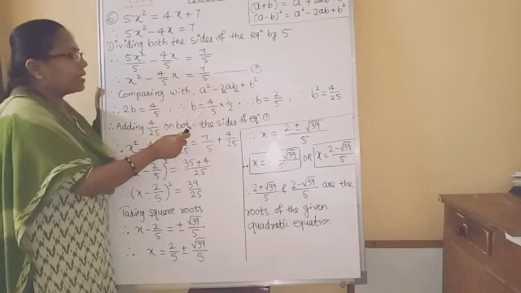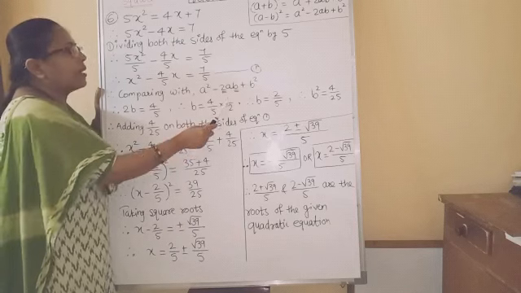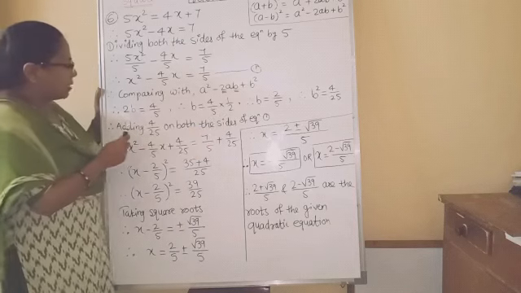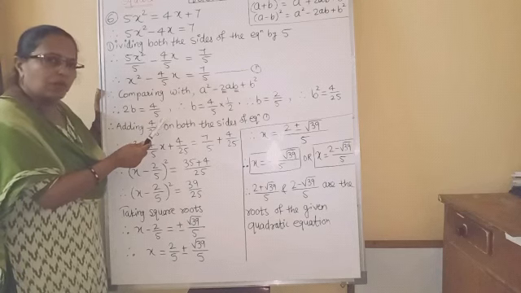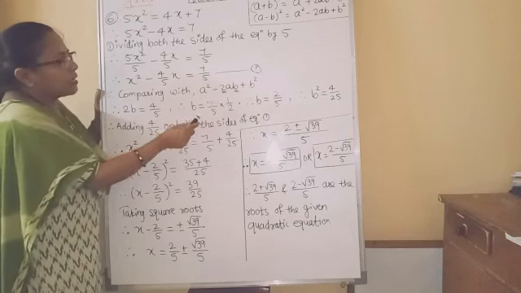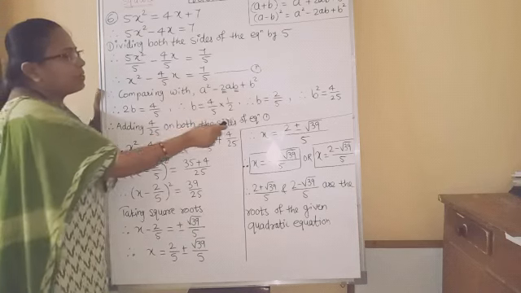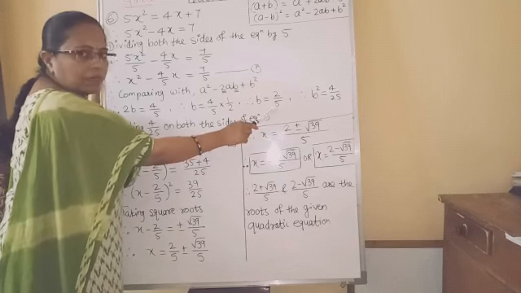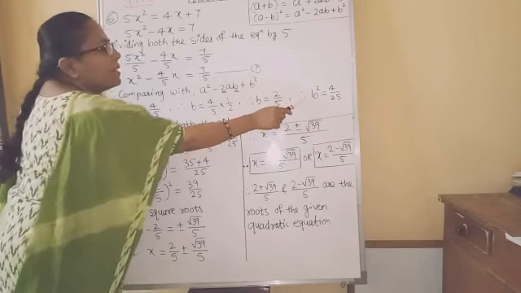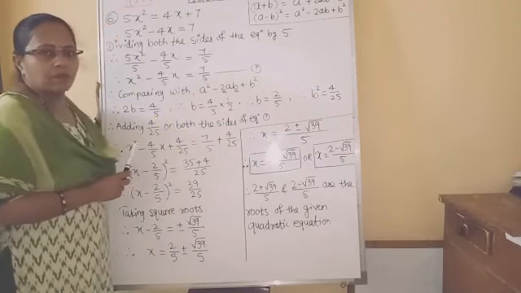Therefore, b equal to 4 upon 5 multiplied by 1 upon 2. When you take 2 on this side, it converts as 1 upon 2. So 2 1s are 2, 2 2s are 4. And we will get the value of b is 2 upon 5. Therefore, b square is equal to 4 upon 25.